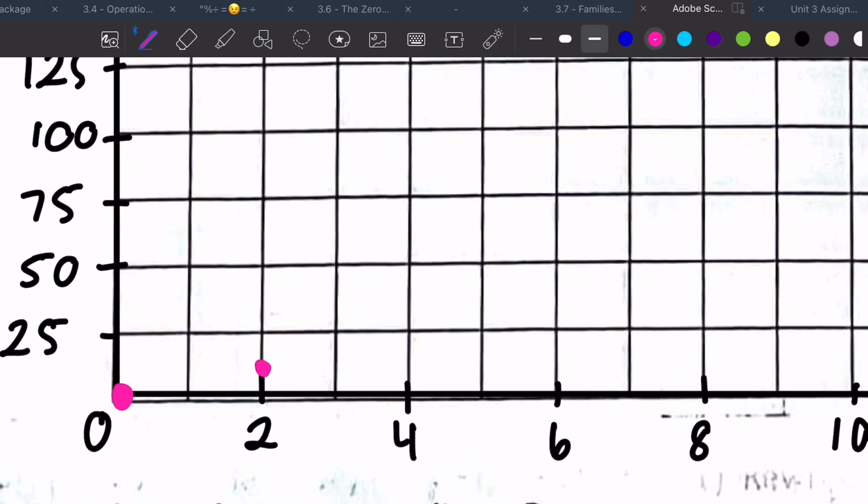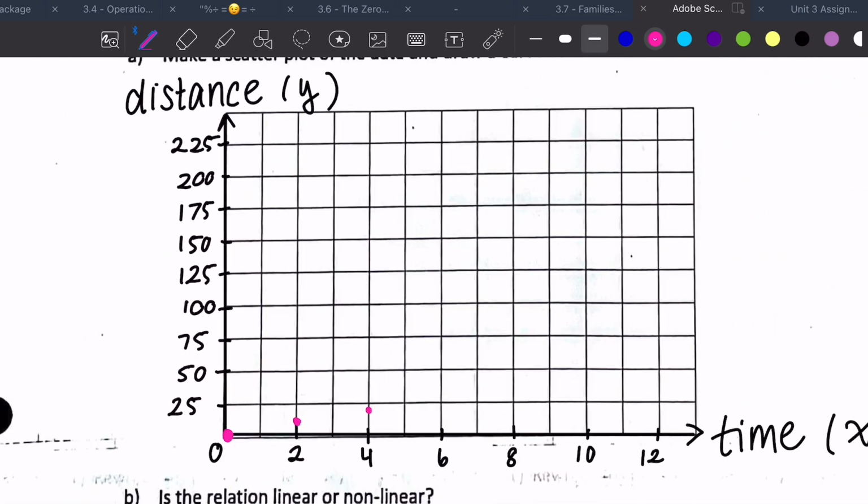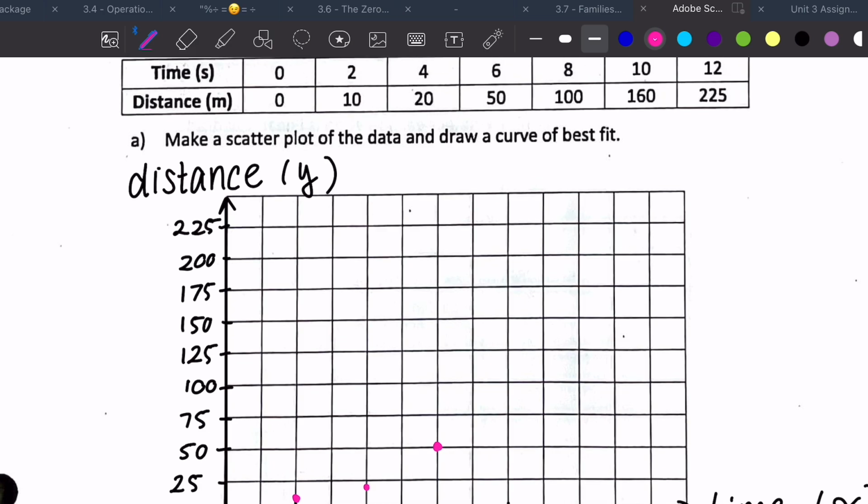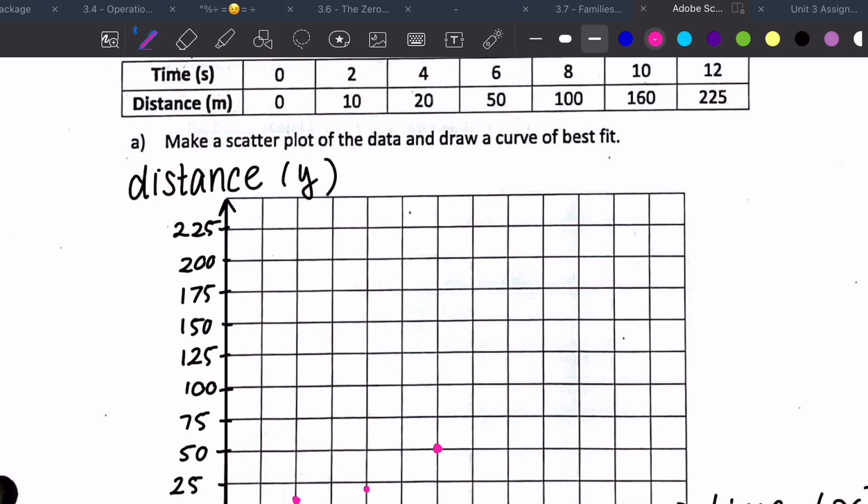So again, I'm getting closer to 25, but not quite touching it. Then I've got 6 at 50. 8 at 100, so I'm here. 10 at 160, so a little after 150, about there. And then lastly, 12 at 225. So I'm all the way up here.